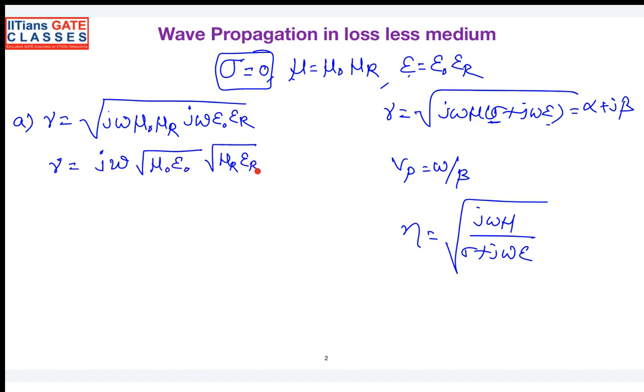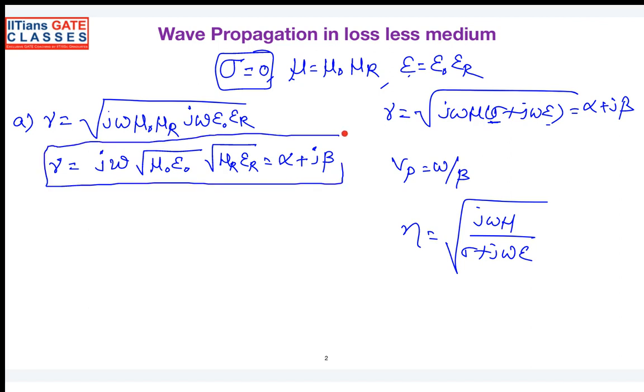This is basically equal to alpha plus j beta. Fine. So by comparing these two equations, can you tell me what is the attenuation here? Yes, because it is purely an imaginary part. You can see here your real part is 0. Your alpha is 0. So when alpha is 0, there is no attenuation in the case of a lossless medium.